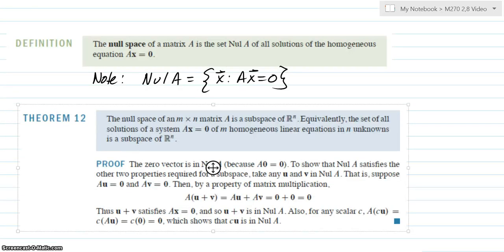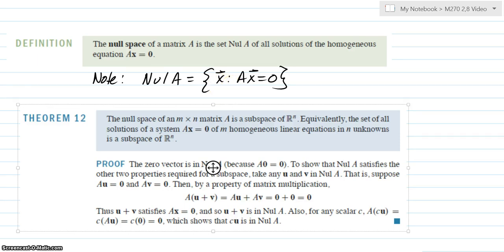The next definition is the other space we're going to use a lot, which is the null space. So let's look at the definition of that. The null space of matrix A is the set Nul A, that's how it's denoted, of all the solutions of the homogeneous equation Ax equals 0. In other words, Nul A equals the set of x such that Ax equals 0.